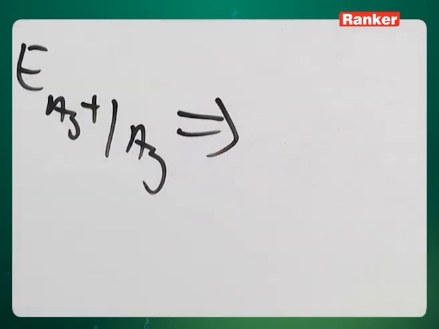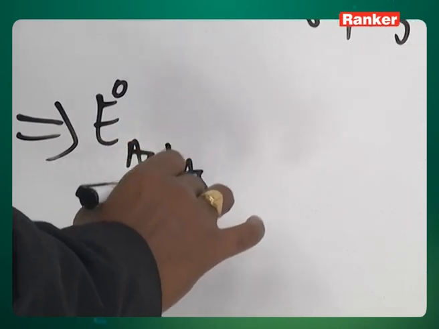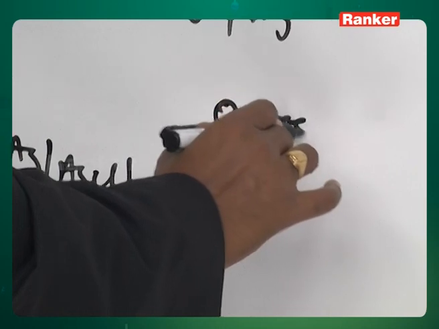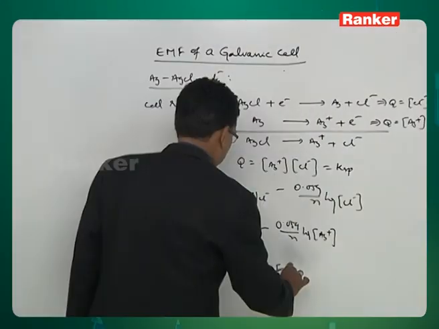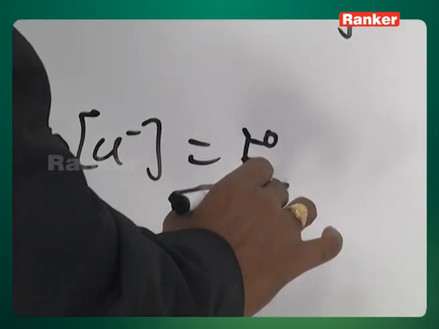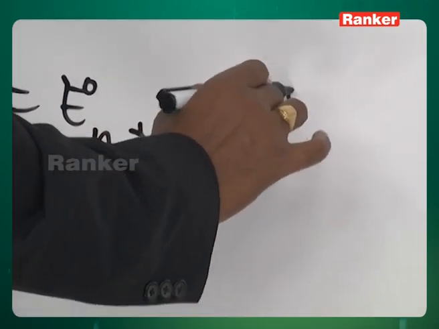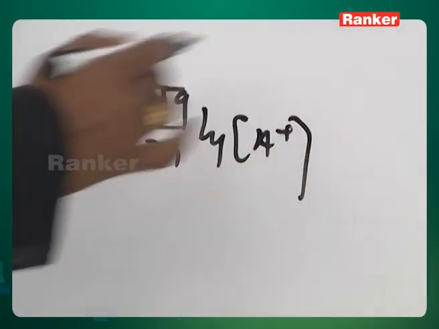Therefore, E naught Ag, AgCl, Cl minus minus 0.059 by n log Cl minus is equal to E naught Ag+ by Ag minus 0.059 by n log Ag+.